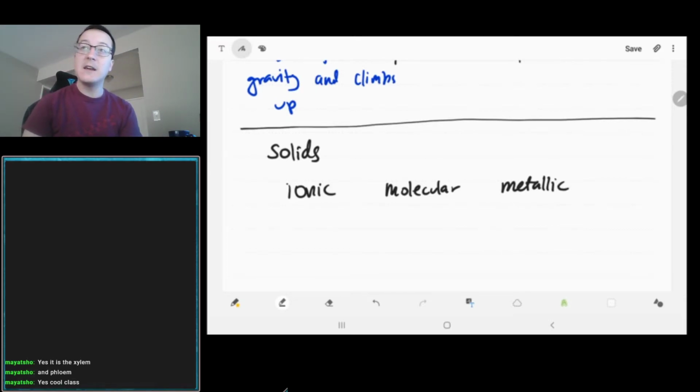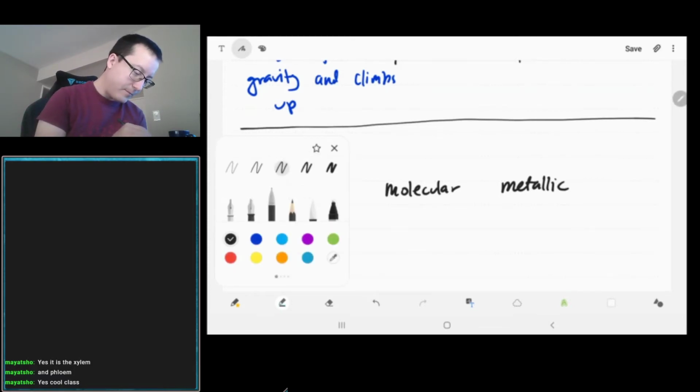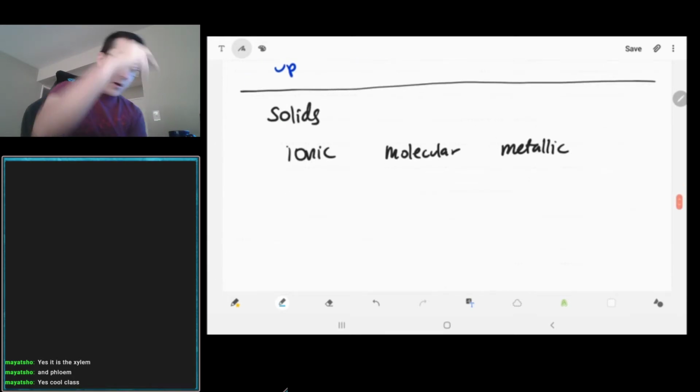So we have different flavors of solids, and they look a little bit different, and they have slightly different properties, but that's kind of it. So, cool. Let's talk about ionic solids.